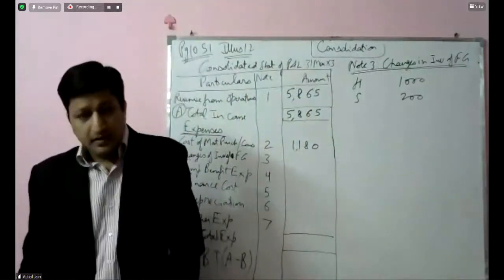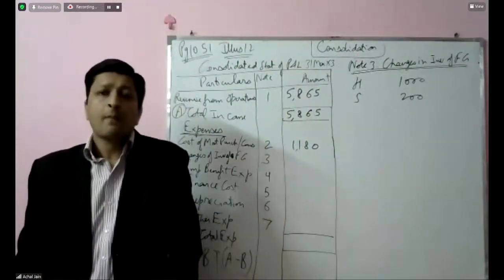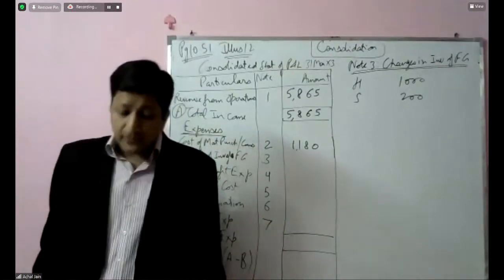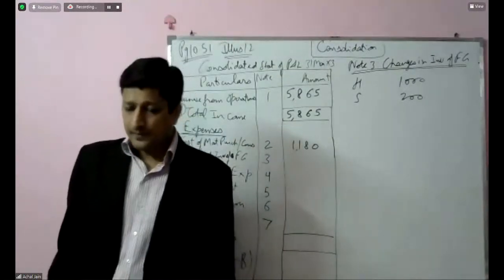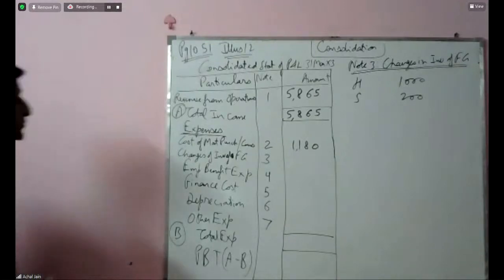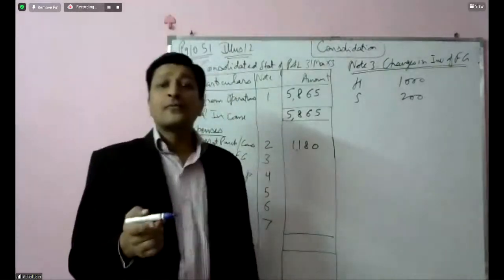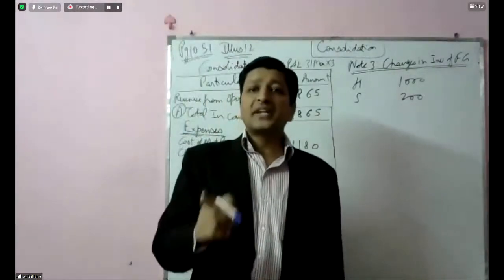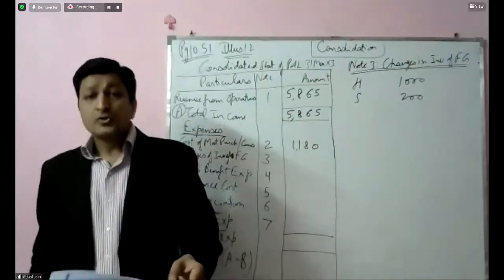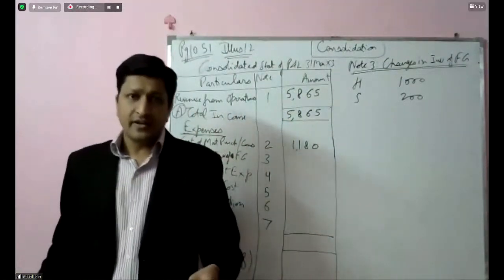Now, there is information available in the question which says that some stock is lying with the group and this stock contains unrealized profit in respect of intercompany sale and purchase. So there is an unrealized profit on this inventory.